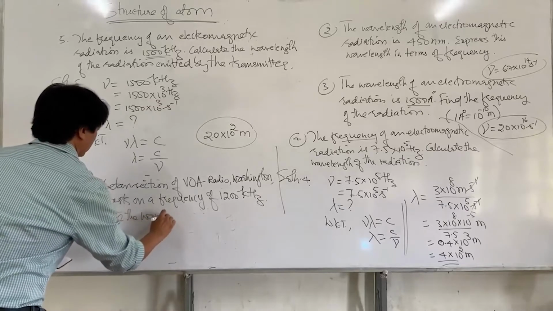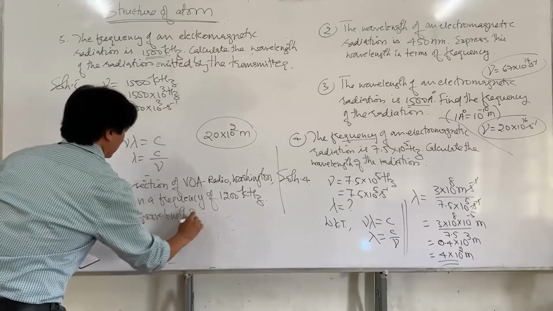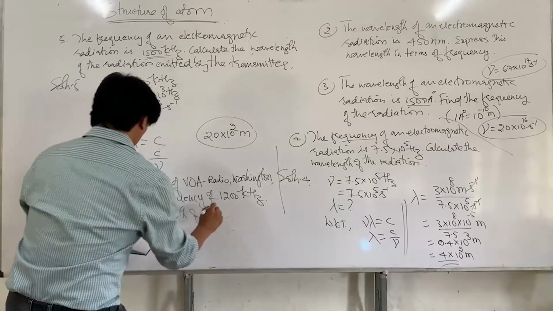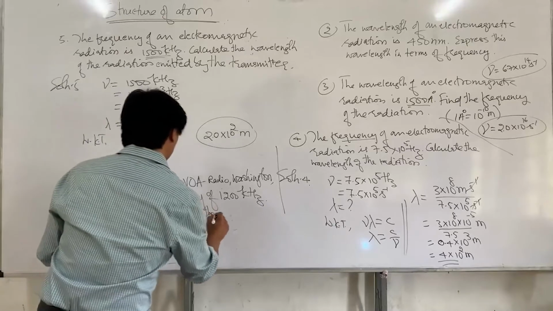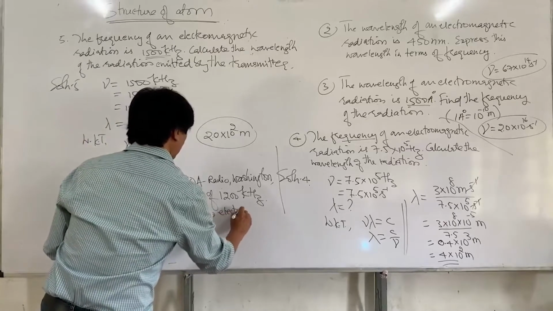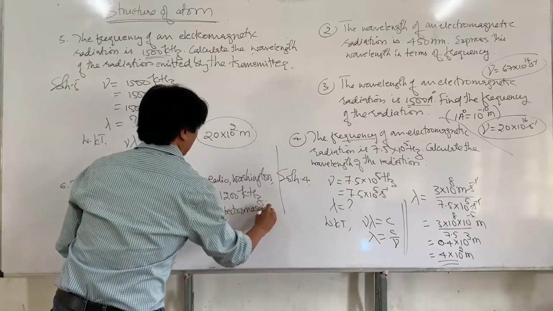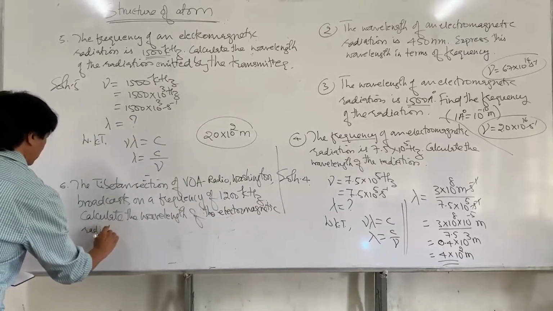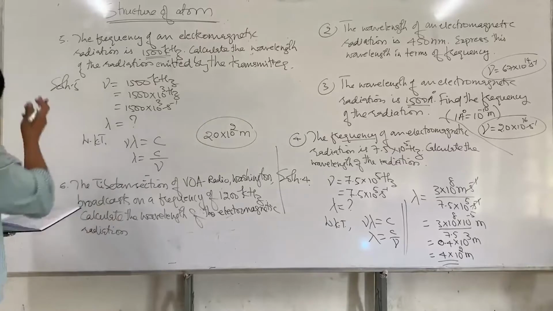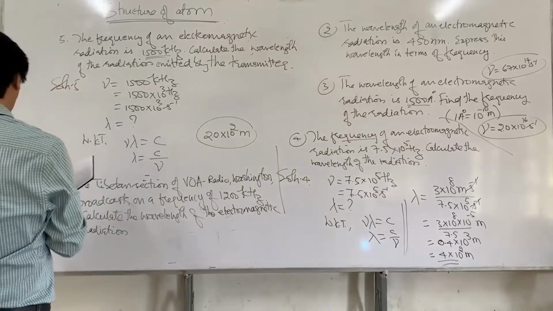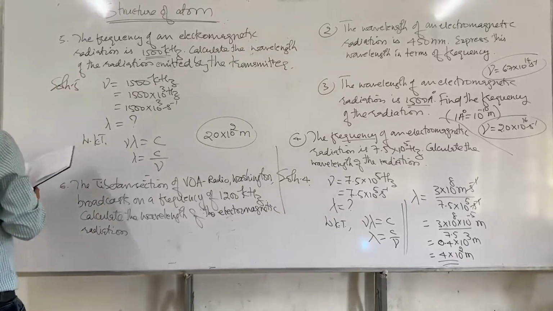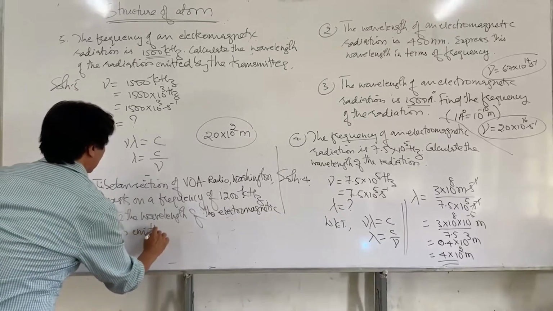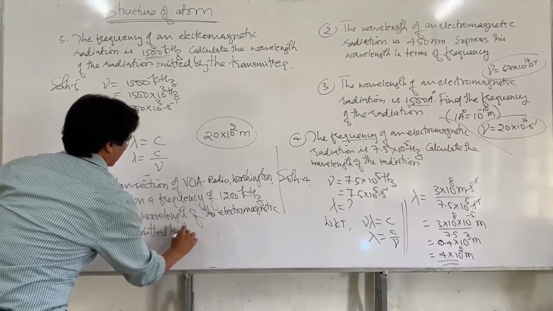Calculate the wavelength of the electromagnetic radiation emitted by the transmitter. Same thing, emitted by the transmitter.